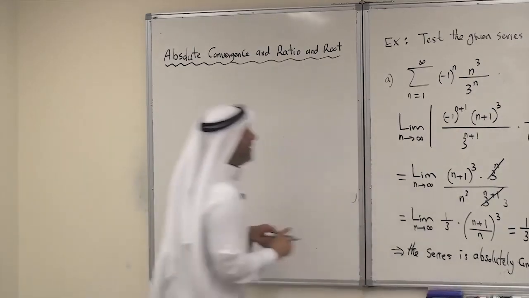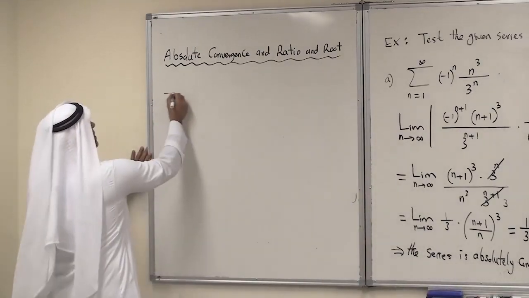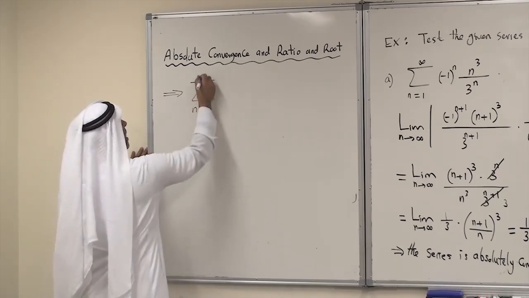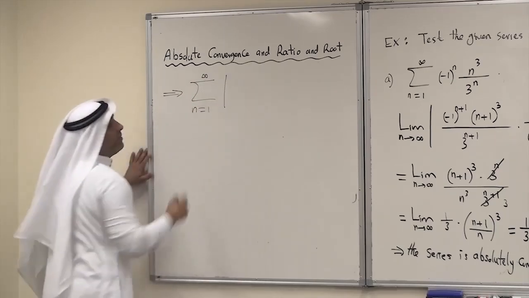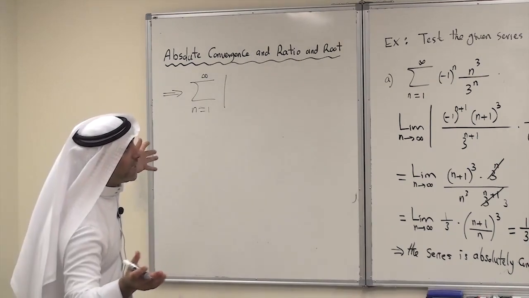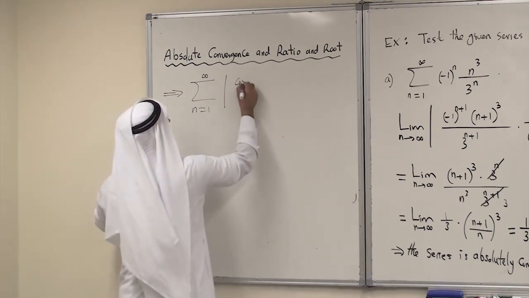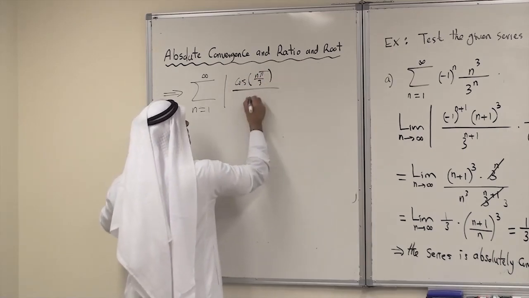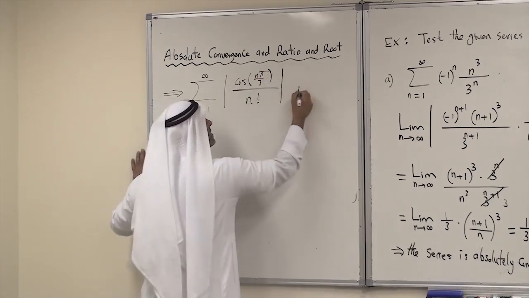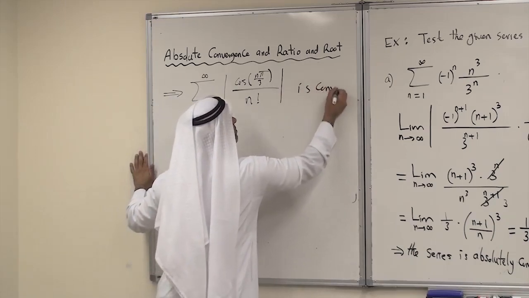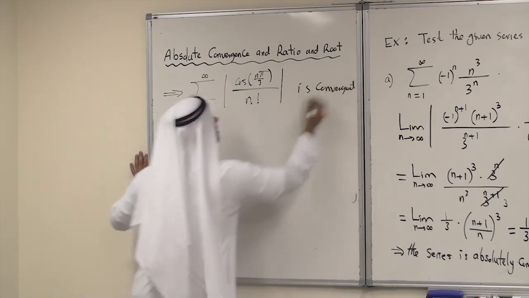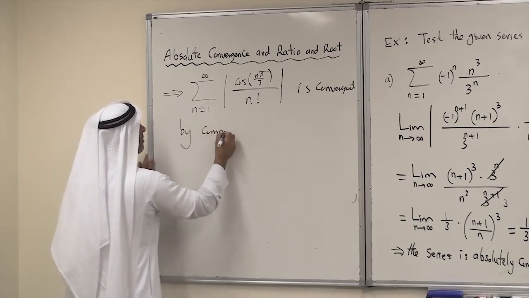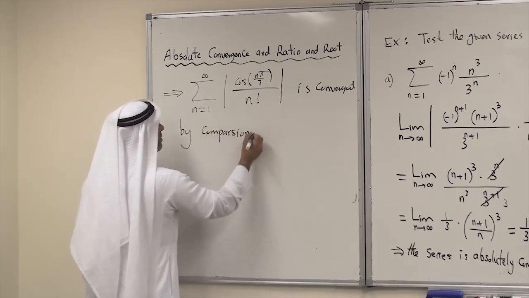Okay, I will write this statement for you. This implies the series, n equal to 1 up to infinity, with absolute value, that is cosine of n pi over 3 divided by n factorial, is convergent by the comparison test. Fine.